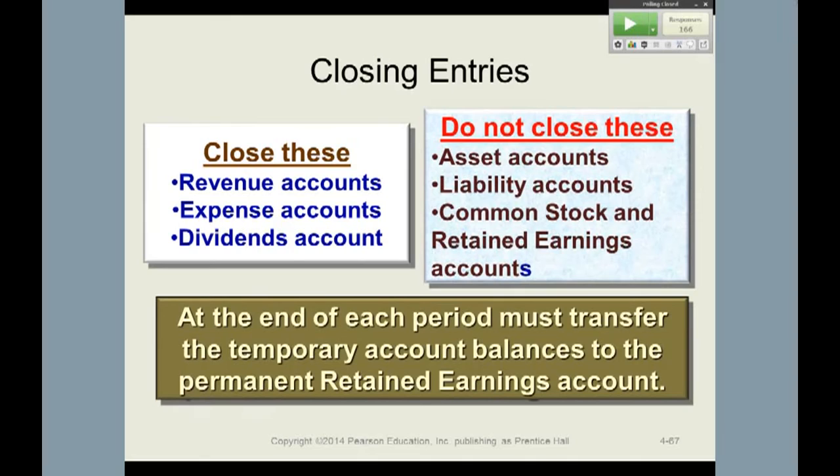When you think about the closing process, I think we'll look at all the temporary accounts. So we have revenues, expenses, and dividends.